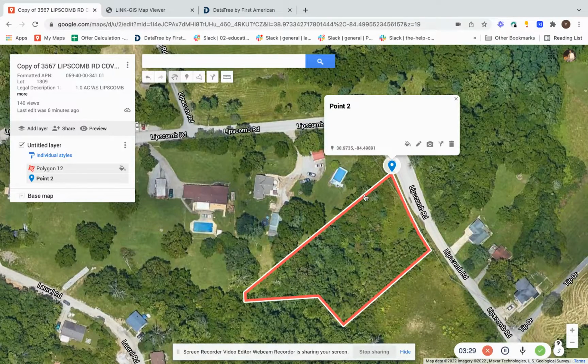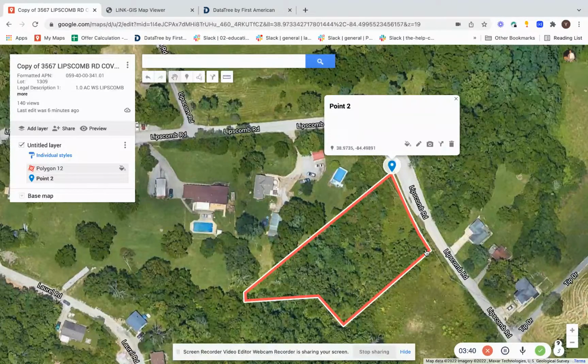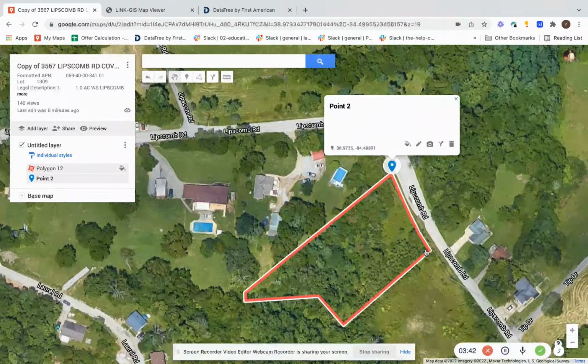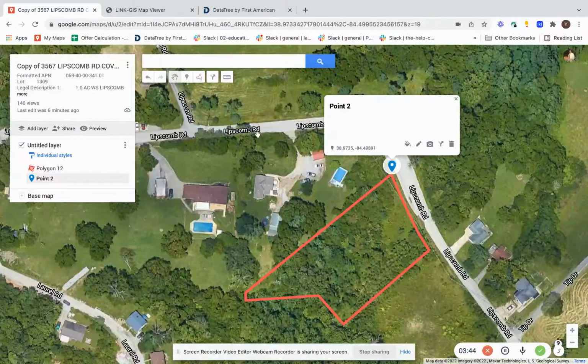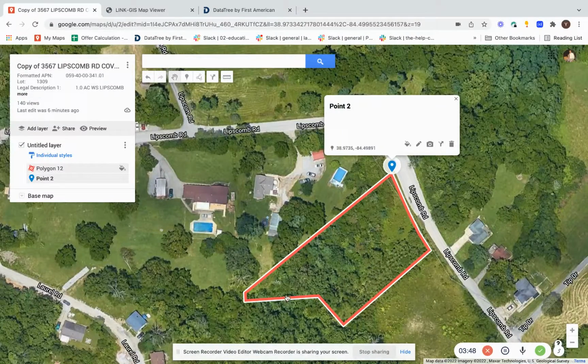So in addition to this video, I will be including in the text the coordinates for each one of the corners, and also the dimensions of each one of the sides of this lot.